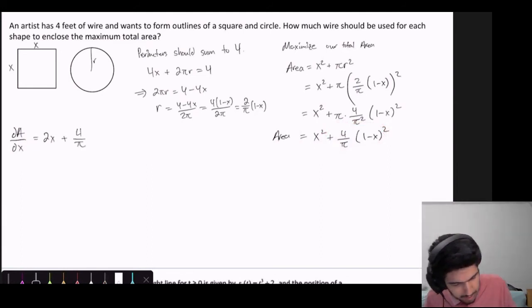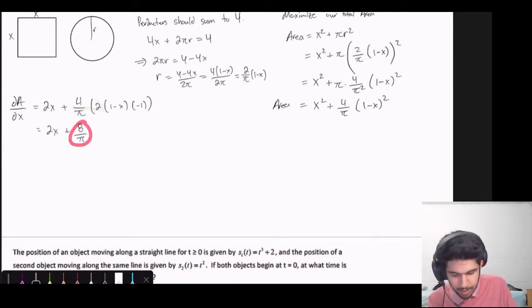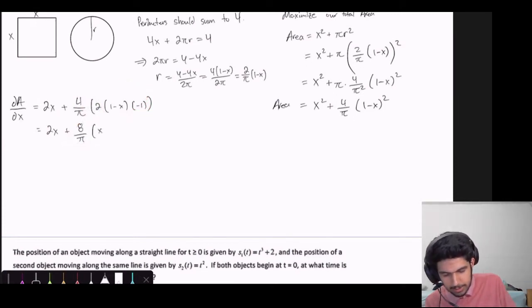Then we take the derivative of (1 minus x) squared, which requires the chain rule: 2 times (1 minus x) times negative 1. So this ends up being 2x plus 8 over pi, since I multiplied the 4 and 2 together, and I distribute the negative 1 into here, so this becomes x minus 1. So that's our first derivative.